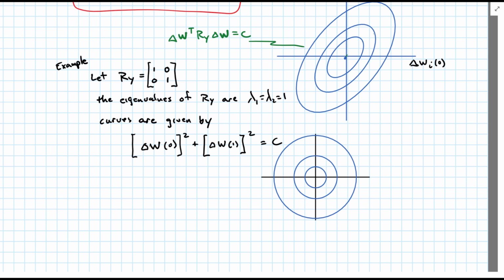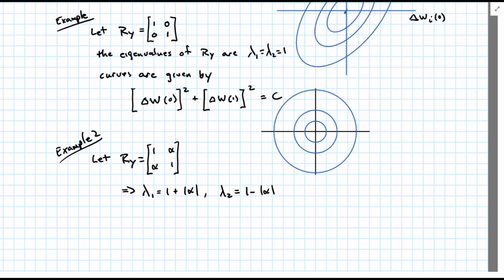So in this next example, we have something that has off-diagonal elements in a 2x2 case. And we get something that is elliptical instead of circular. In this case, the eigenvalues are given by 1 plus alpha and 1 minus alpha. This is something you should check on your own to verify. And it's these eigenvalues that determine the shape of the ellipses, or the relative dimensions of the major and minor axes of our ellipse.